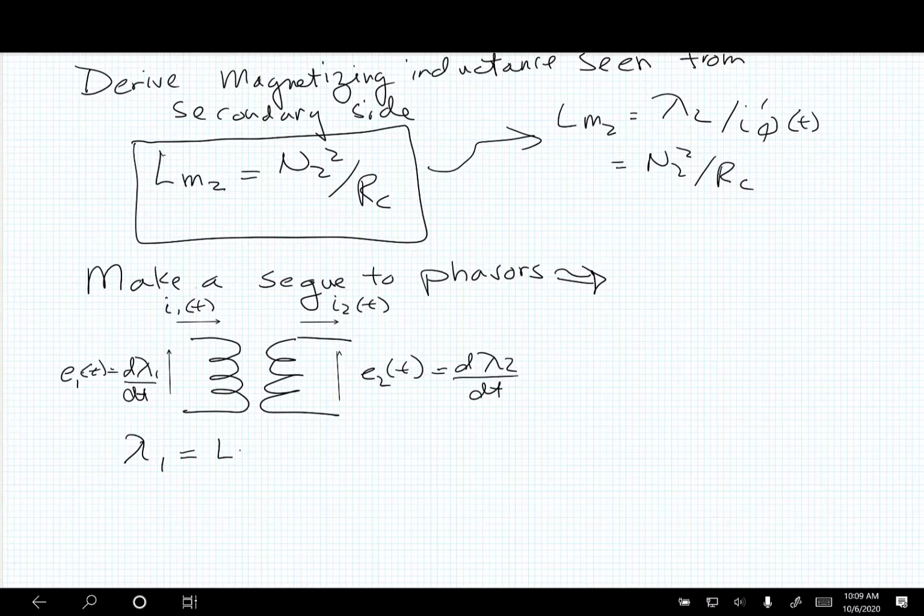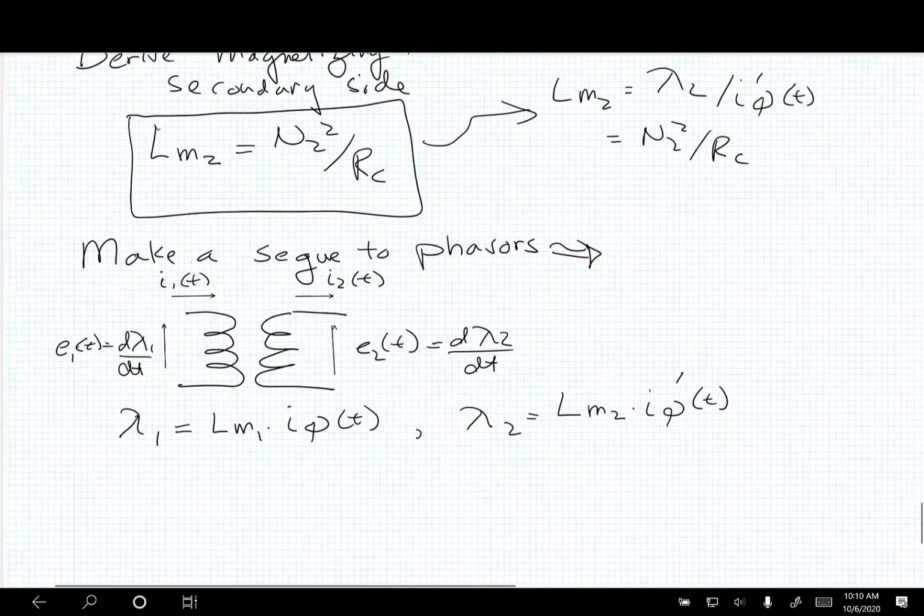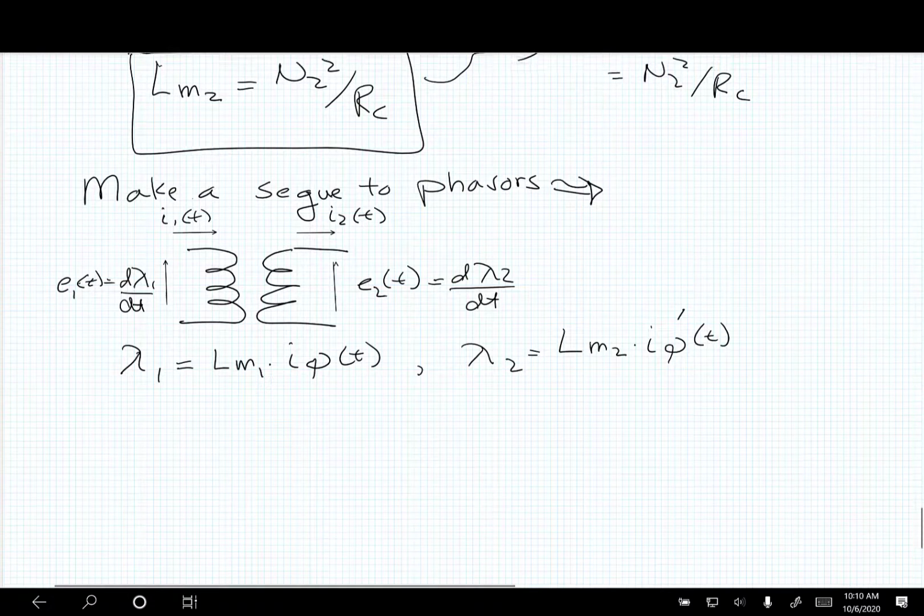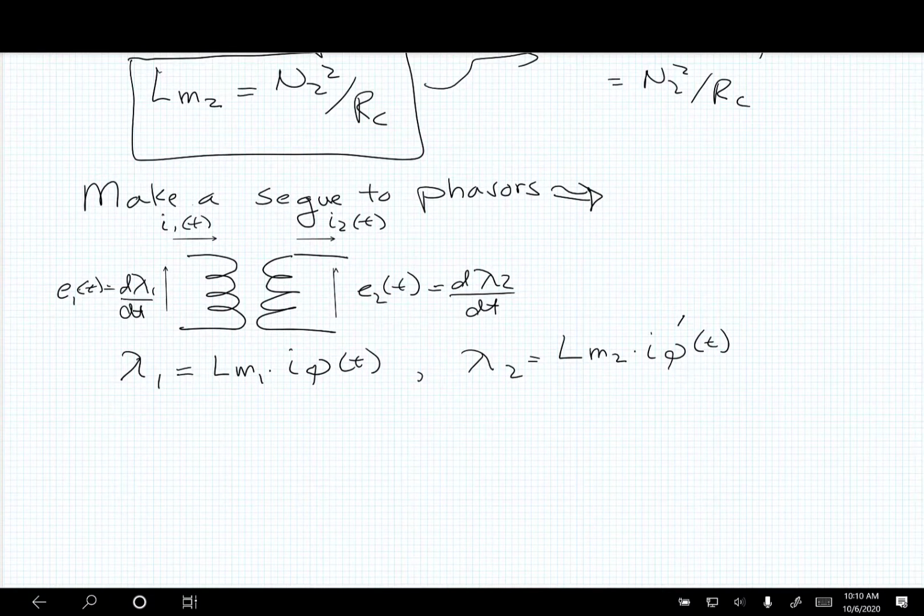Lambda 1 is Lm1 times this excitation current, and lambda 2 is Lm2 times the excitation current prime looking from the secondary side. Let's just work on the left-hand one here first.